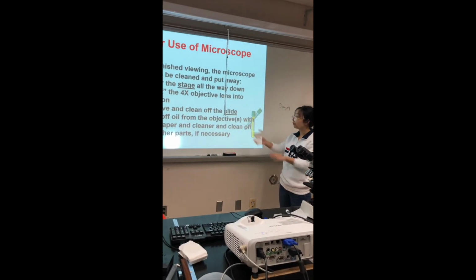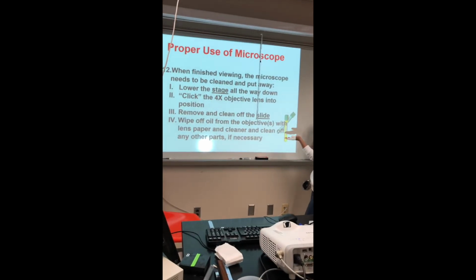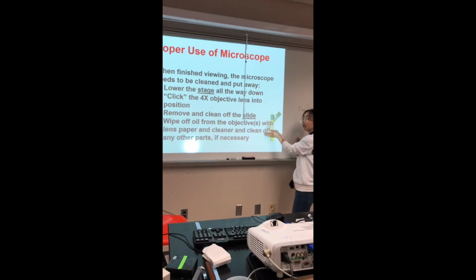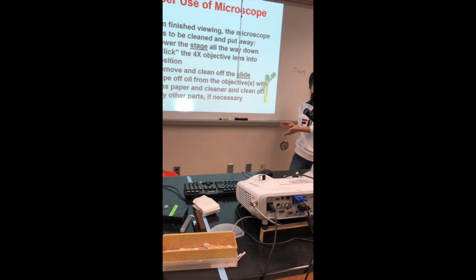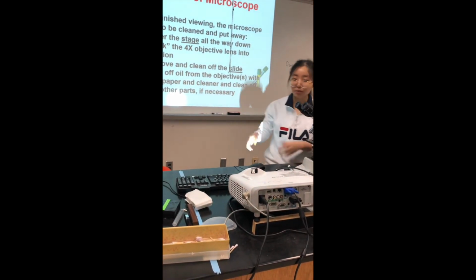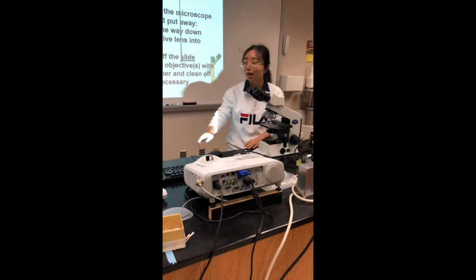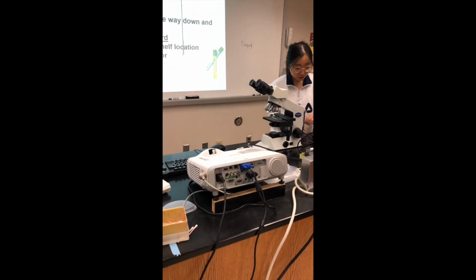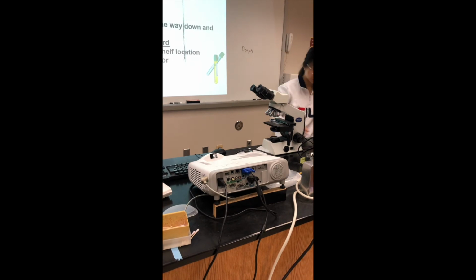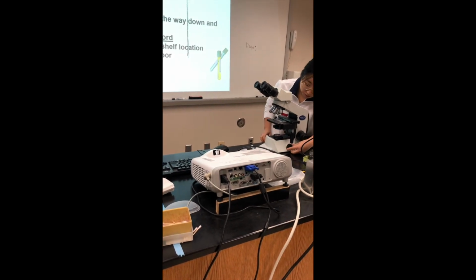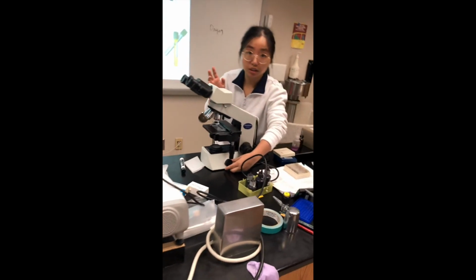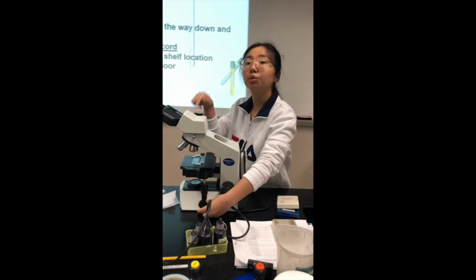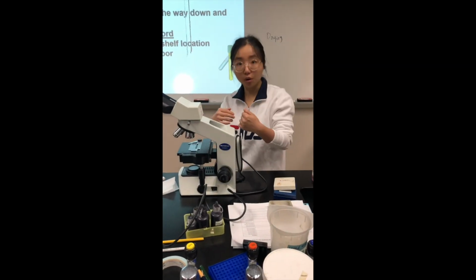Wipe off the oil from the objectives with lens paper and the lens cleaner, and clean off any other parts if necessary, especially the 40 times if you accidentally got oil on it. Next, when you finish using the compound microscope, have the rheostat go to its lowest level. You want to have the light go to the lowest level before you turn off the power.